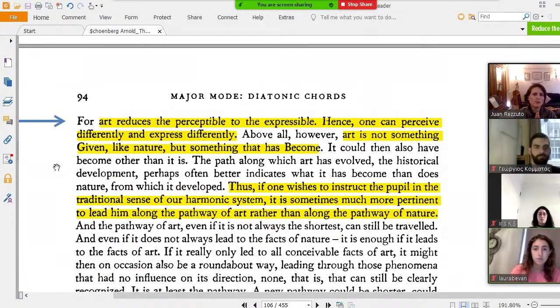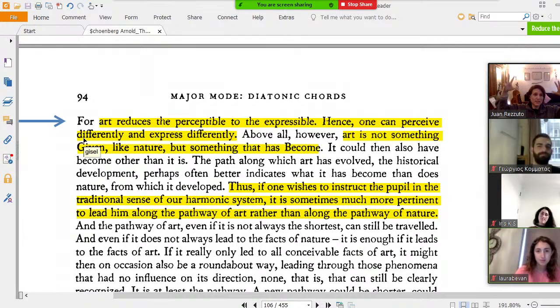And he closes with a lovely phrase, which I really love. He says, for art reduces the perceptible to the expressible. Let that sink in. I love those phrases. I love Schoenberg. I cannot help it. For art reduces the perceptible to the expressible.